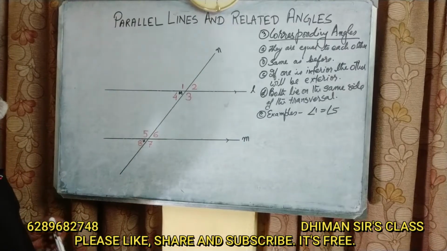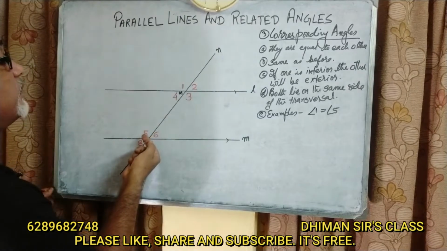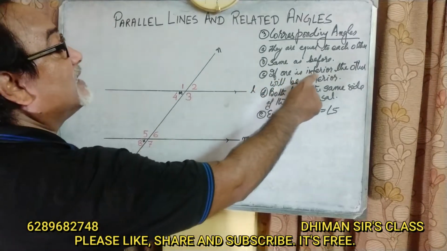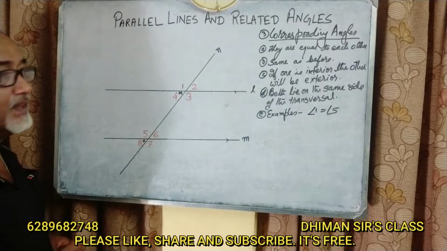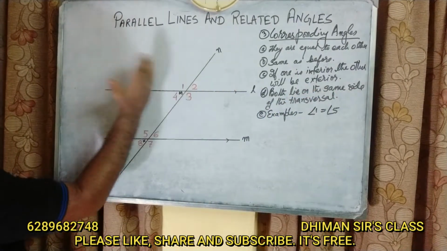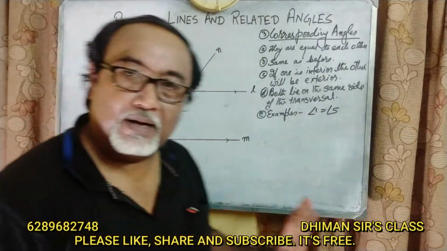Next property, 1 is exterior, 5 is interior. See, if 1 is interior, the other is exterior. 5 is interior, 1 is exterior. Okay. Both lie on the same side of the transversal. 1 this side, 5 also this side. Clear, students? You have understood?